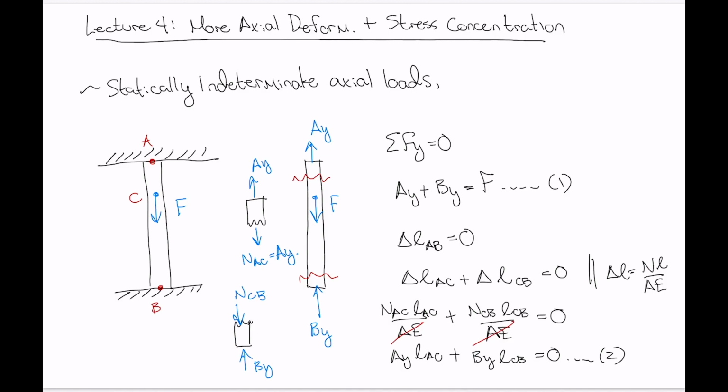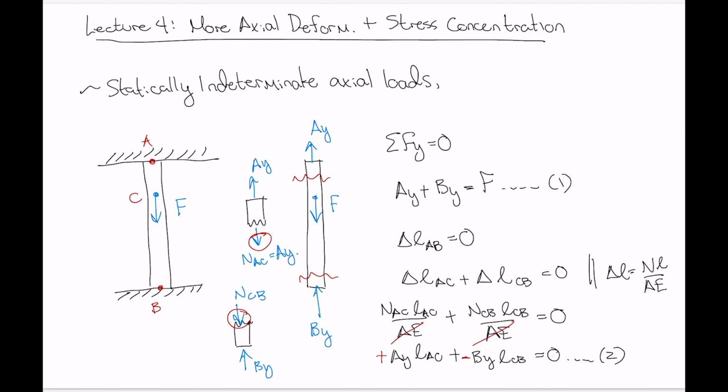Now, important to remember when you're doing superposition is to always look at the nature of the normal force and appropriately choose the sign. So we've got a tensile force for N_AC, so this is a positive value, but we've got a compressive force for N_CB, so we should have a negative sign in front of BY there. So we've got two equations now, again assuming we knew dimensions and that externally applied load F. We have two equations, two unknowns, we can solve them.